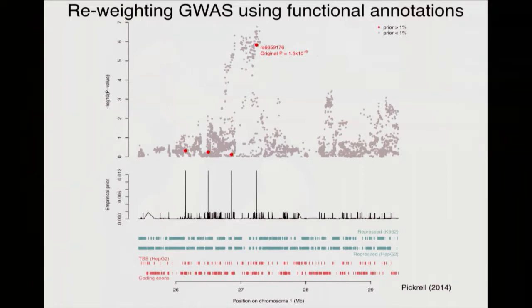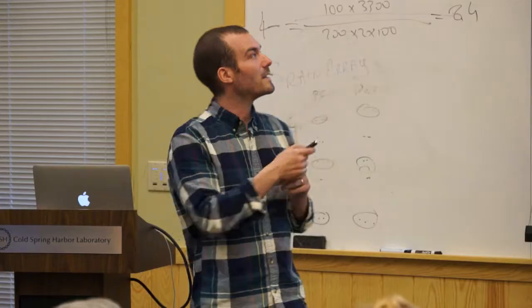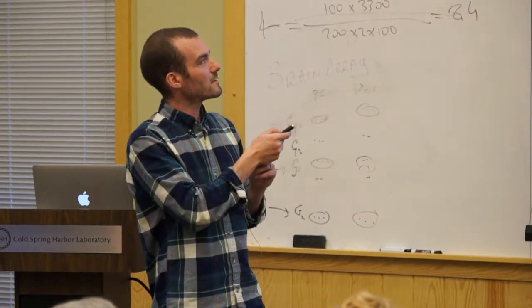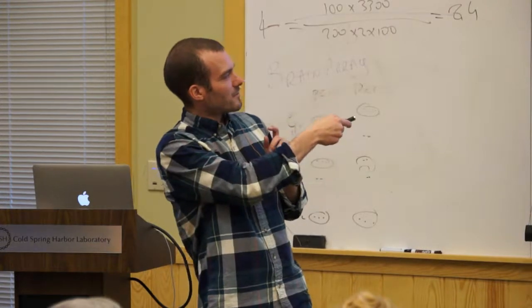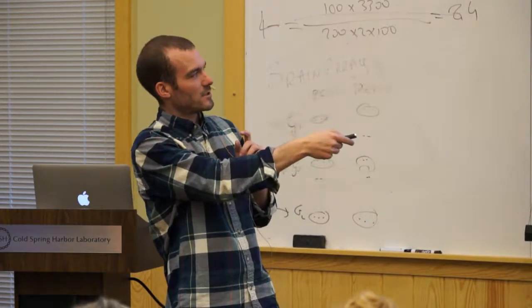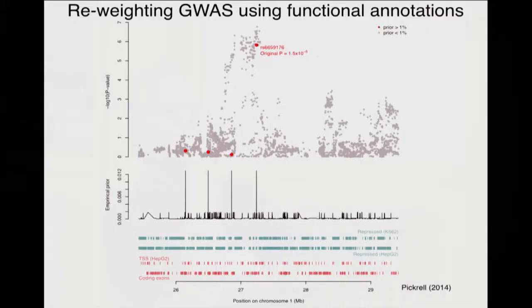So the prior of 1%, should you think of that as a much lower prior that got boosted by having a good genomic context? Yes. So here's the prior for each of these SNPs that the model learns. This SNP that I highlighted before, for reasons that will become obvious, falls in this peak of prior.